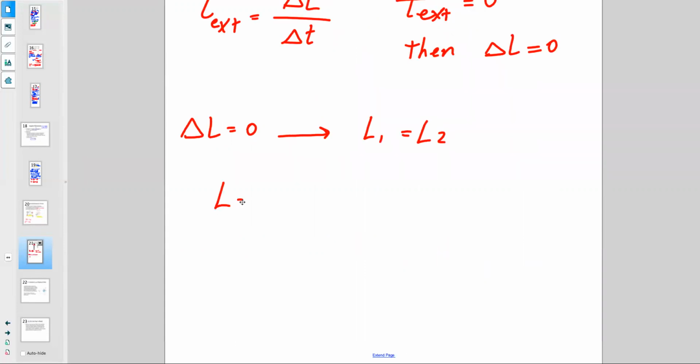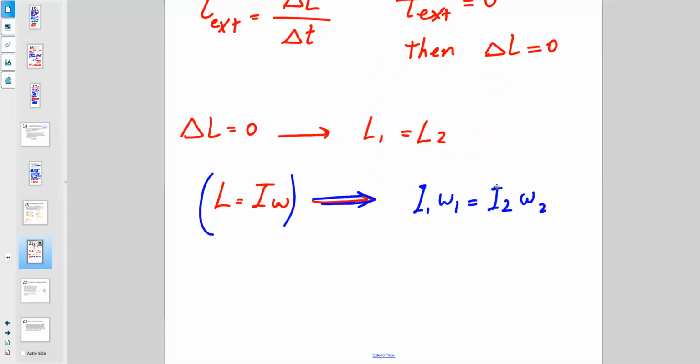L is I omega, where omega is the angular velocity and I is the moment of inertia. So I1 omega 1 should be equal to I2 omega 2. If your I decreases, your omega should increase to keep it a constant number.